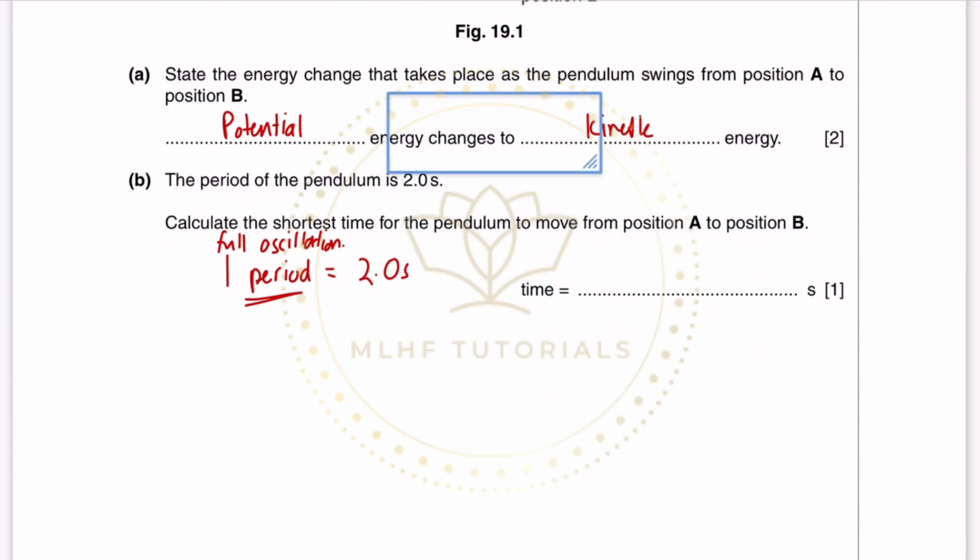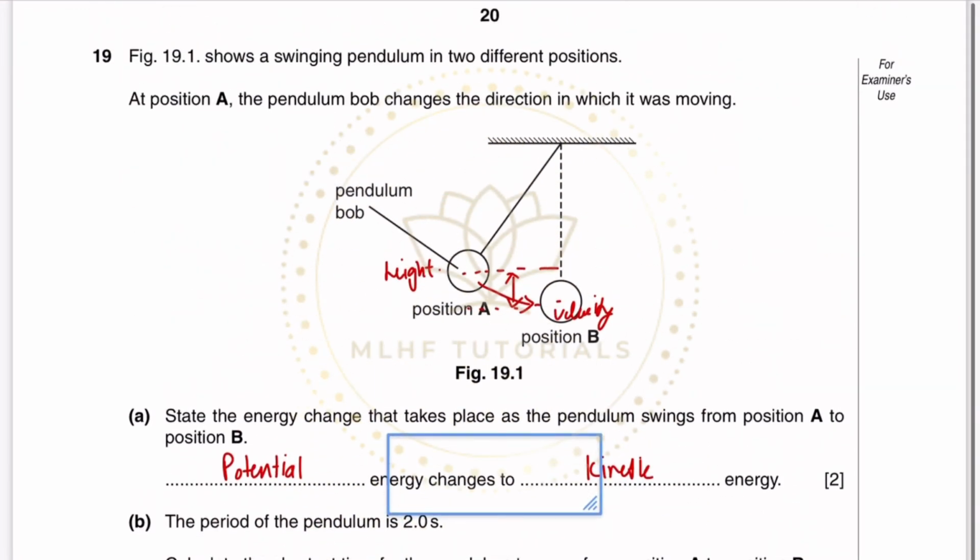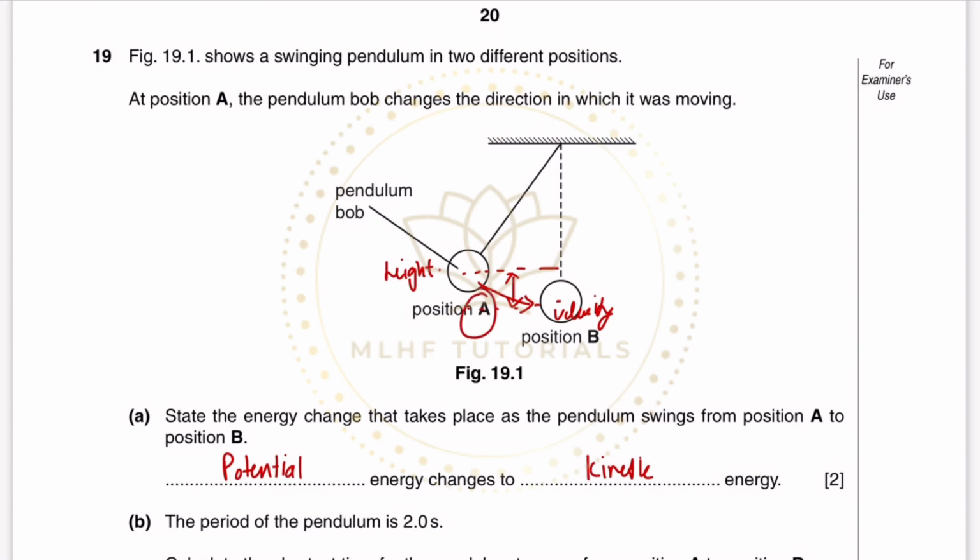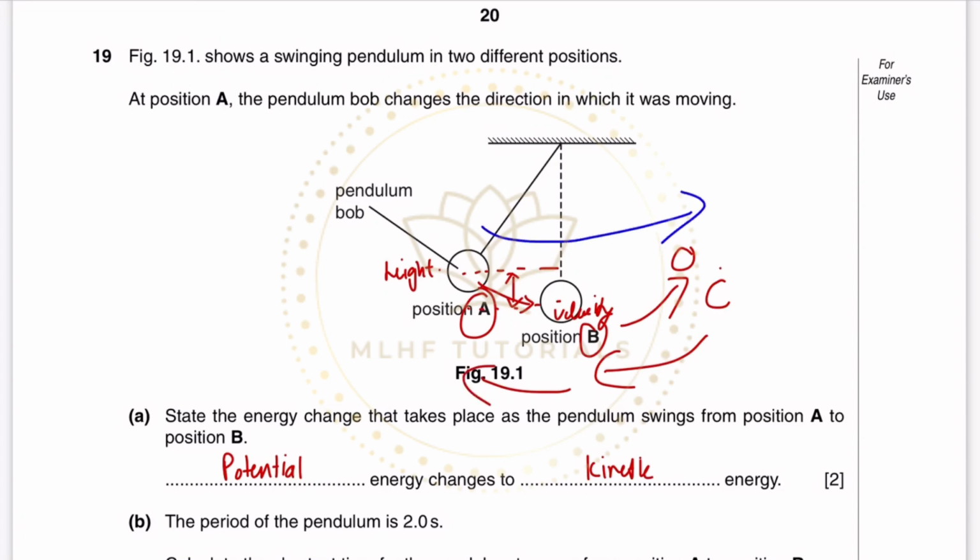Let's go back to the diagram here. One full oscillation means from position A to position B to position, let's say it's C here, back to position B, then position A. So it goes from here to here. So the distance from A to B is only 1/4 of the complete oscillation.